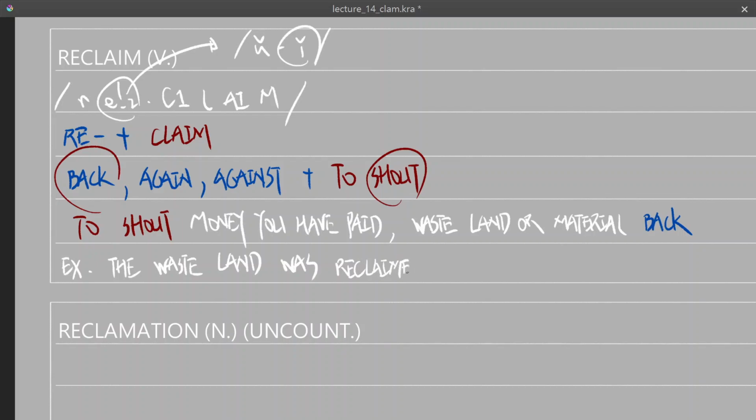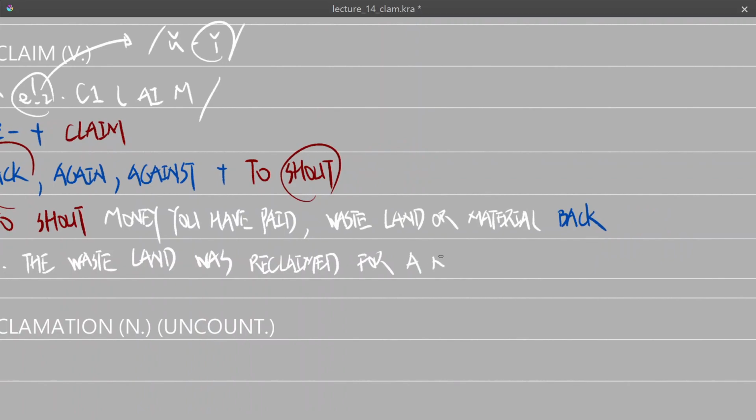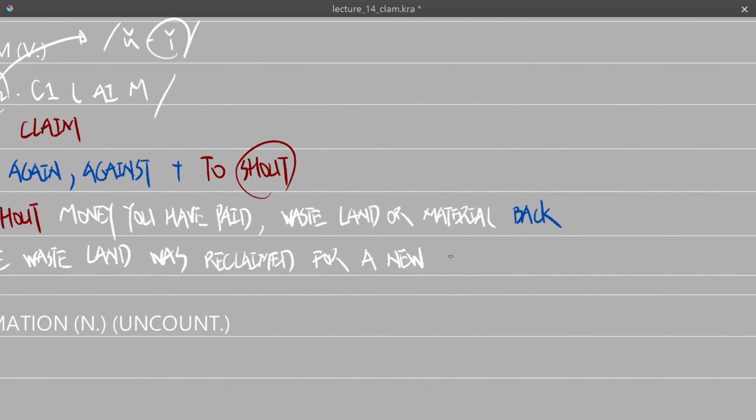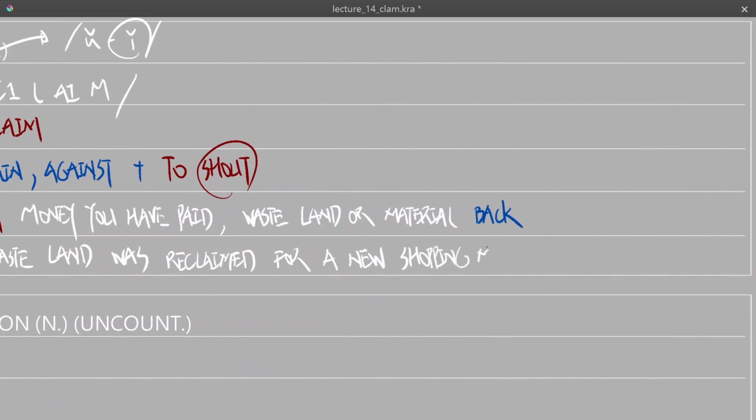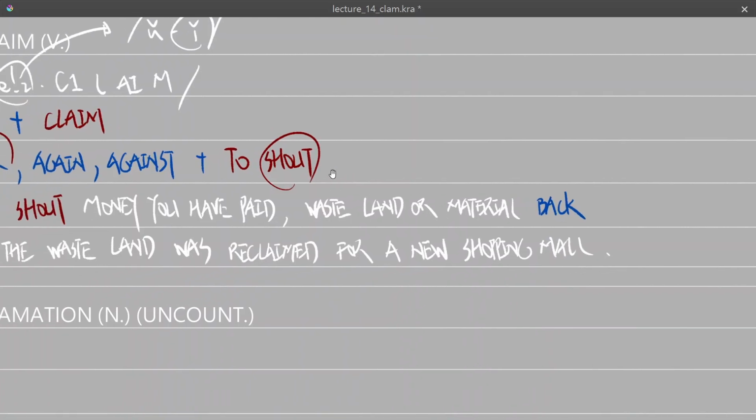Reclaimed for what? For a new shopping mall.